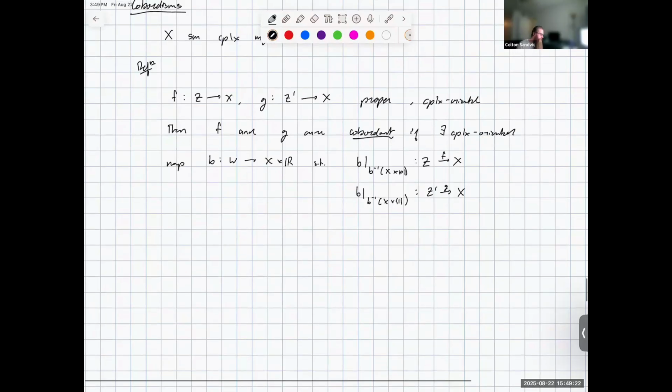This is a nice technical definition. Here's the actual picture one might want to keep in mind.